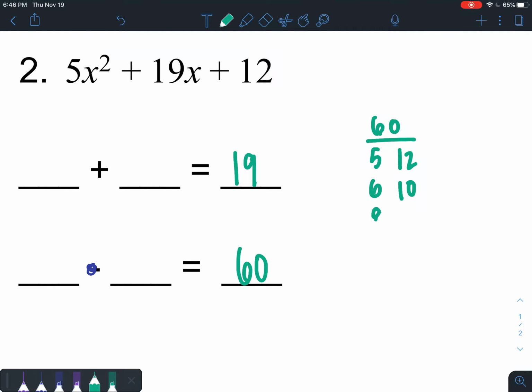We can do 8? 8 divided by 60 would give us, nope, can't do 8. We can do, I'm drawing a blank, 2 and 30.